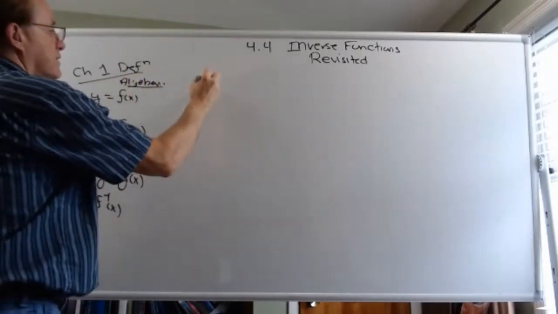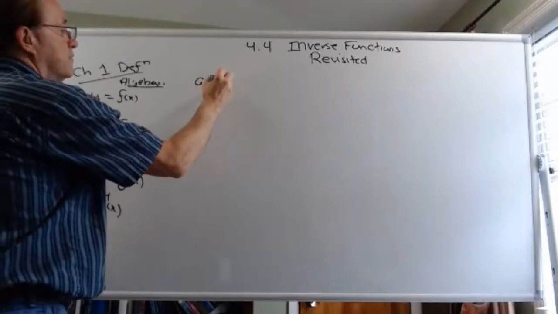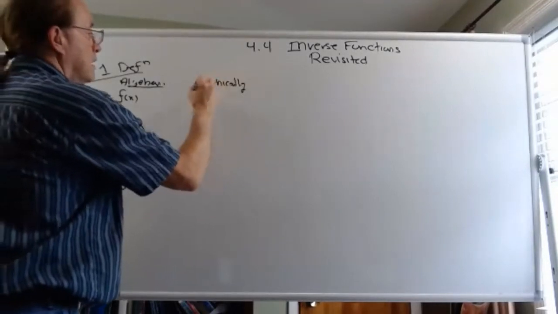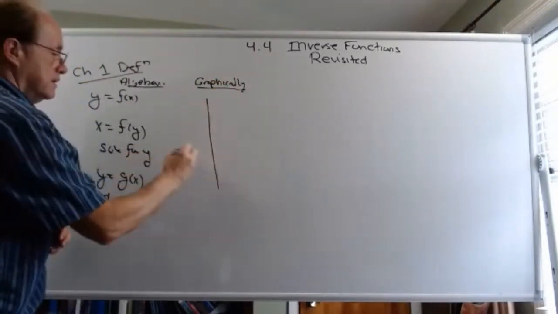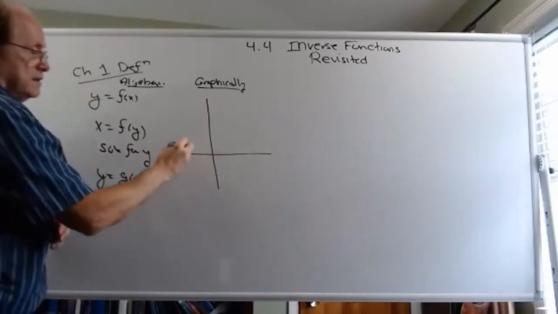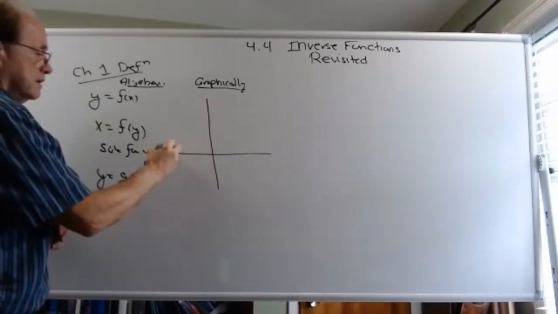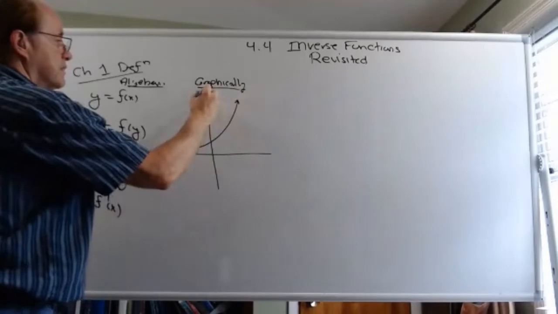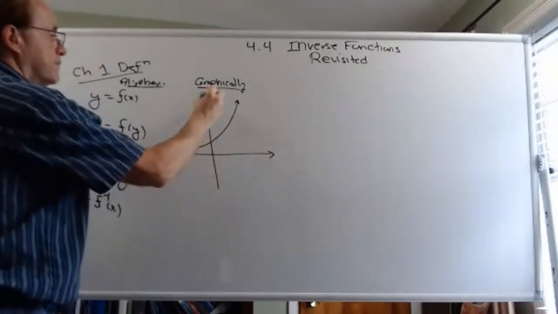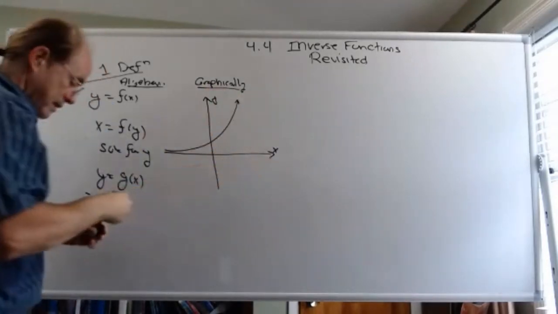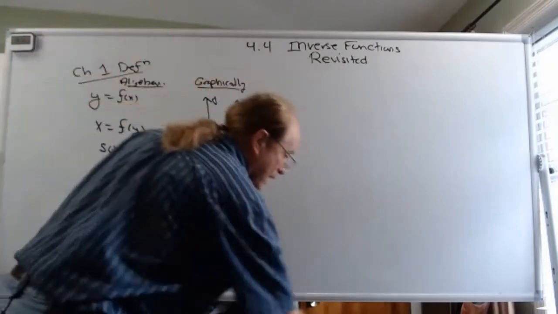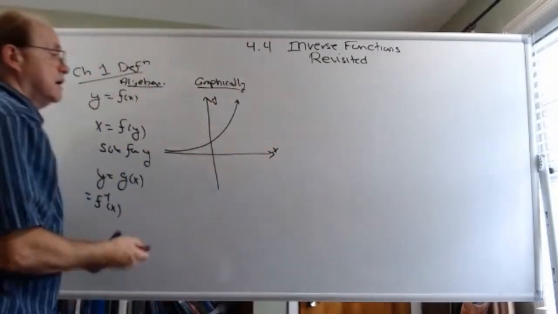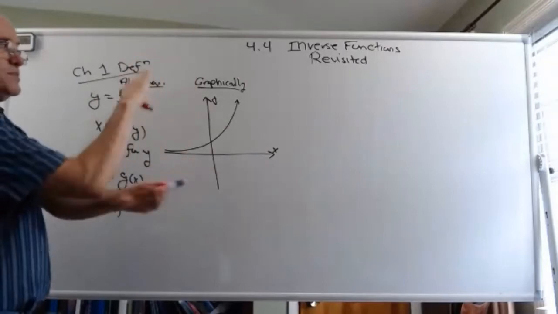And we also looked at it graphically. If you had some function, take our exponential function that looks like that. Then you draw the line y equals x, meaning swapping the x and y axes.